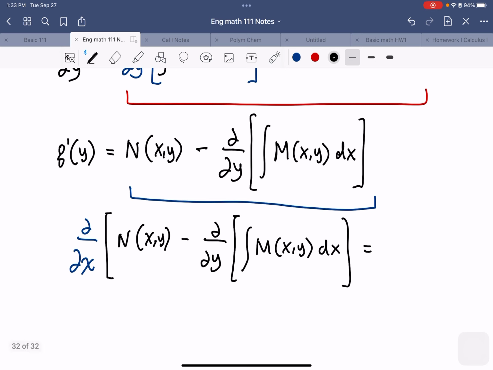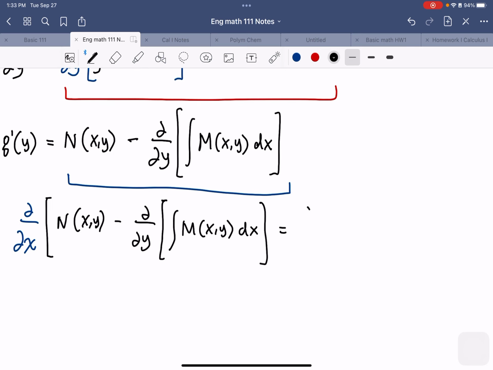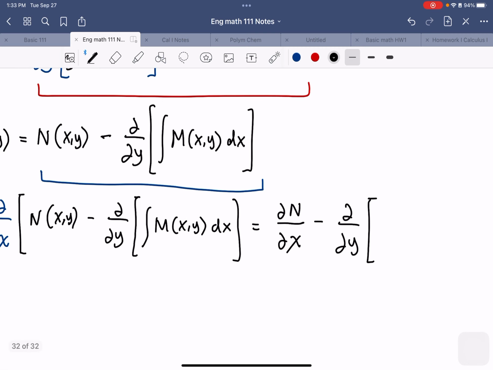And what will happen is we are going to have ∂N/∂x, and then minus, we can move this partial of x inside here to remove this x. So we are going to have ∂/∂y, and this is going to be inside here.